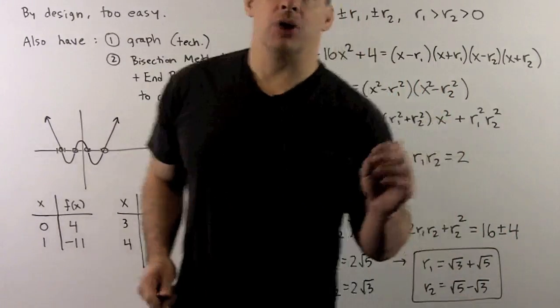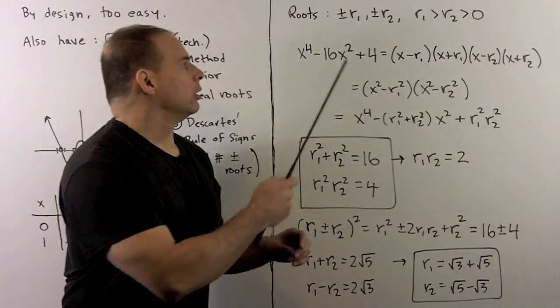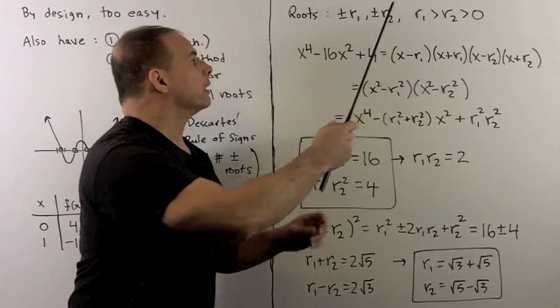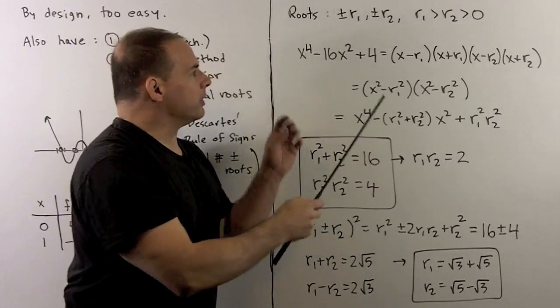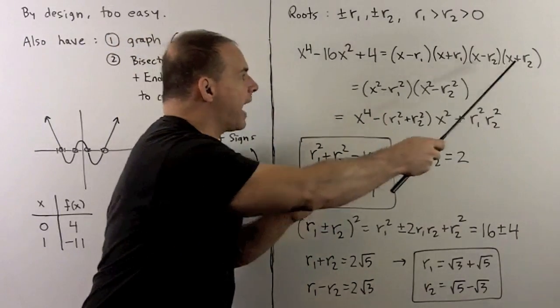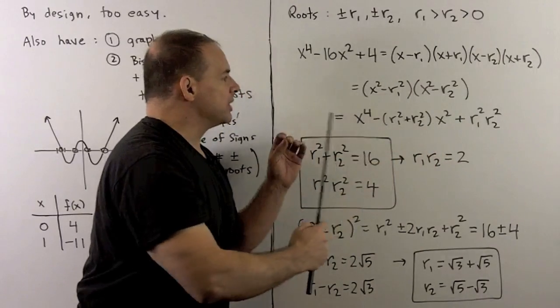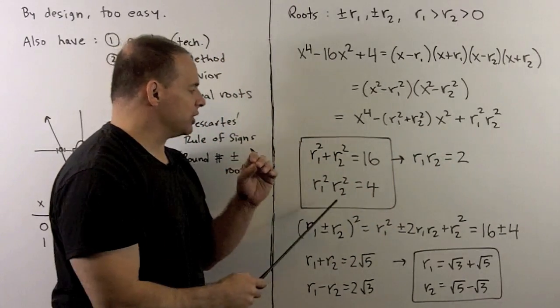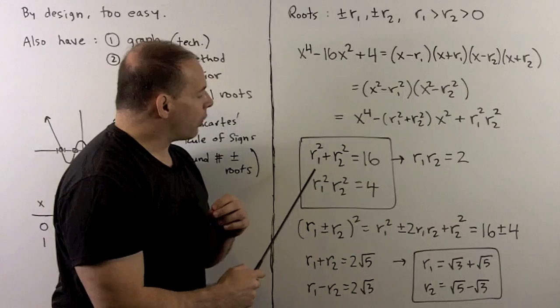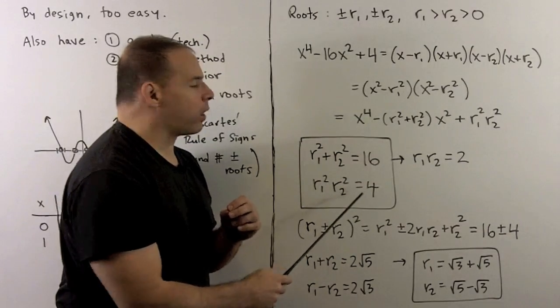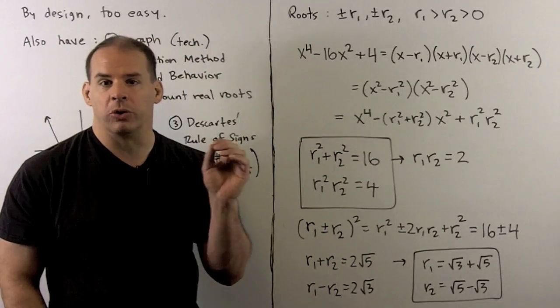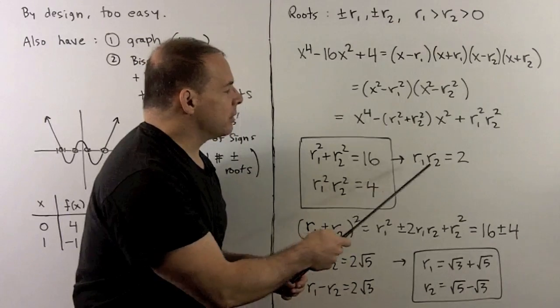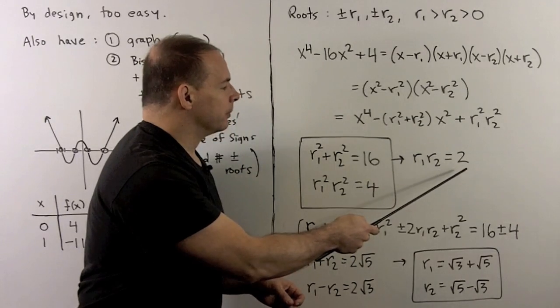Now, getting back to our problem, we have control over our roots. So we'll take our polynomial and just write it as a product of linear factors. Now when we simplify, we get 2 equations. We note r1 squared times r2 squared is equal to 4, and r1 and r2 are both positive, so I have that r1 times r2 is equal to 2.